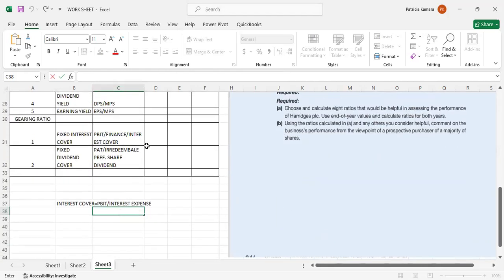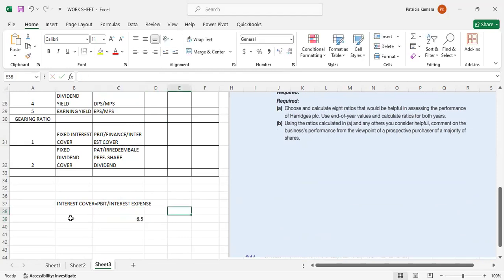So now let's go into our question. It says profit before interest and tax over interest cover. We've already gotten the figure for interest cover, which is 6.2 for 2022.